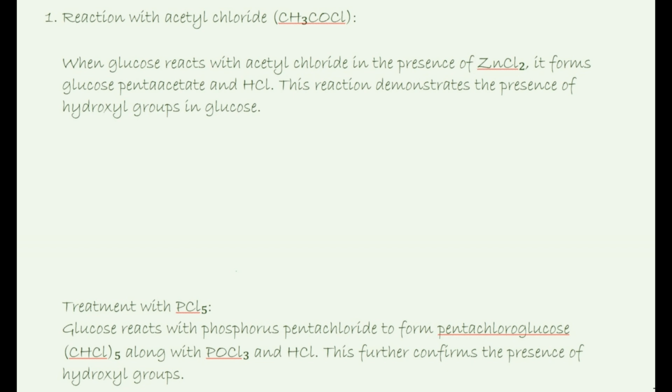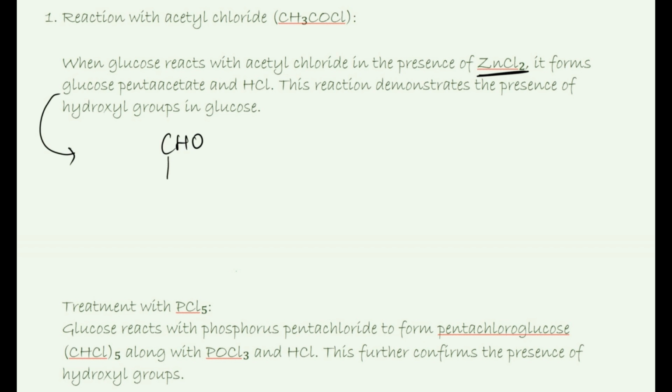The first reaction is with acetyl chloride, CH3COCl. Glucose with acetyl chloride in the presence of zinc chloride forms glucose pentaacetate. How will that look? Glucose, which will have an aldehyde structure.